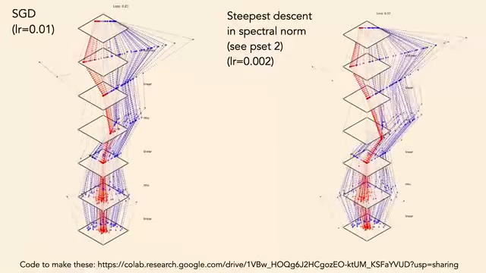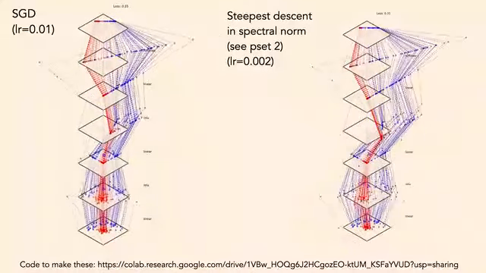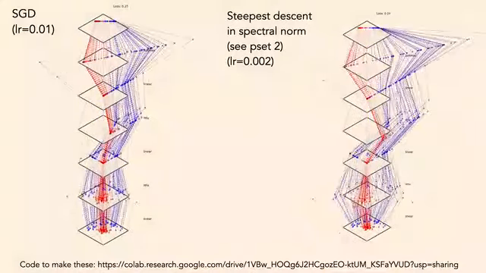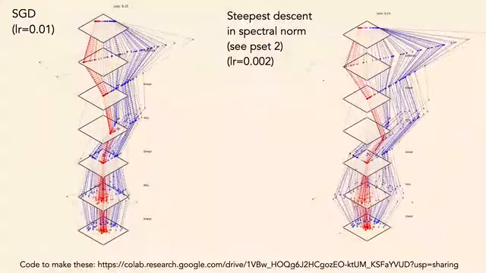Oh, yeah, just for fun, I didn't really have a deep insight to take from this, but you could compare the optimization using SGD, gradient descent, to the optimization using the spectral descent method that you worked out in your problem set two. So in the spectral descent method, you are normalizing the updates by their spectral norm, and you can see there's some interesting different dynamics.